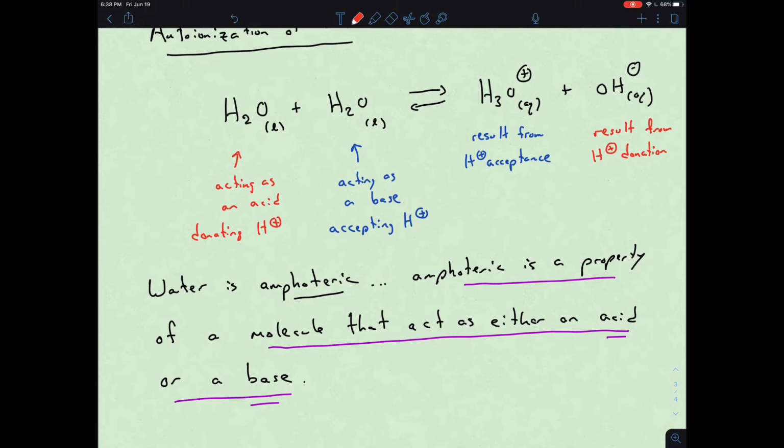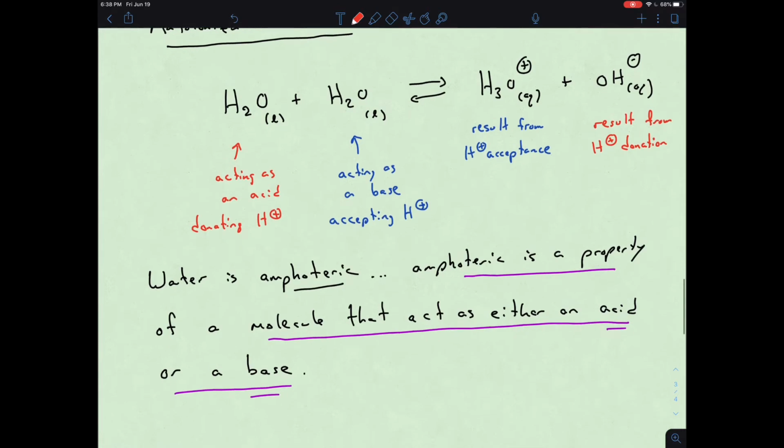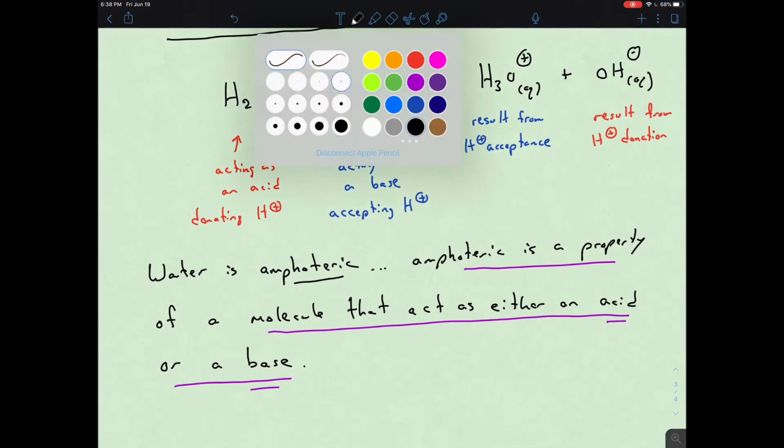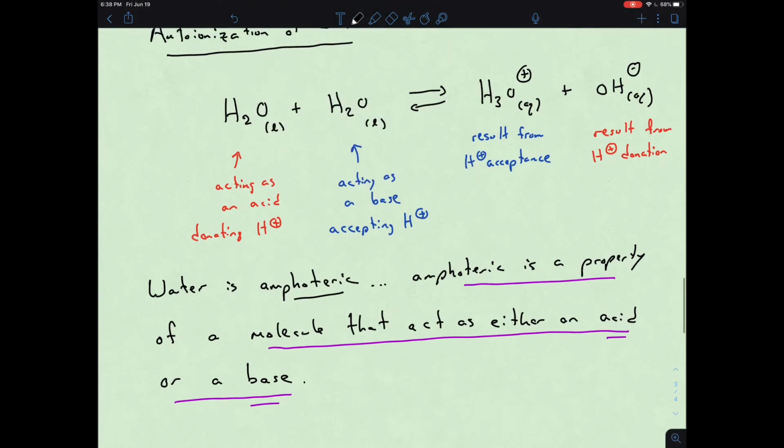So that's the auto-ionization of water, and it's defined by an equilibrium constant, namely Kw.